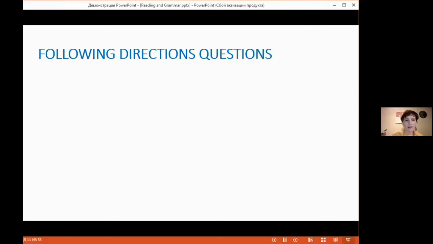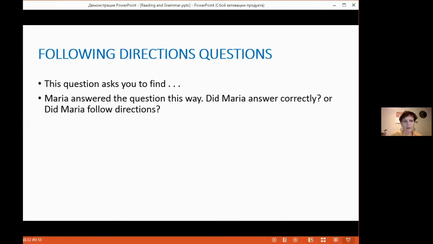Following directions. This is not something you will usually find on a higher level test, of course. It can be present in, well, it's actually what we very often use in checking if our students understood our directions. So this type of question is focused not on what information you need to find, but on how you do it. This question asks you to find something.